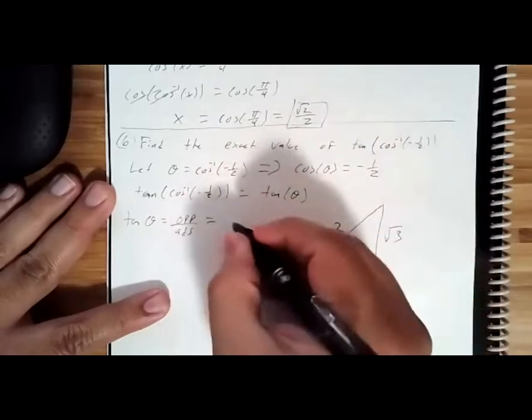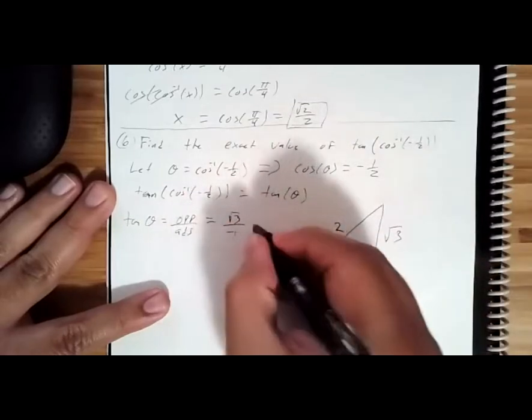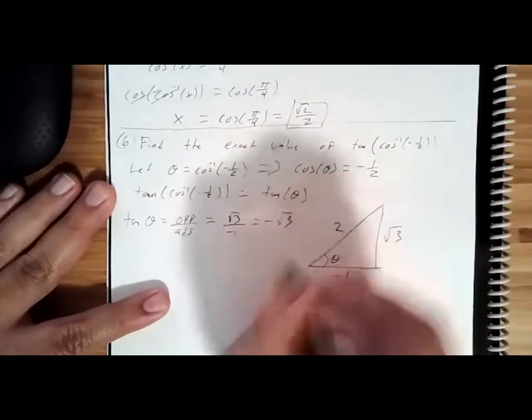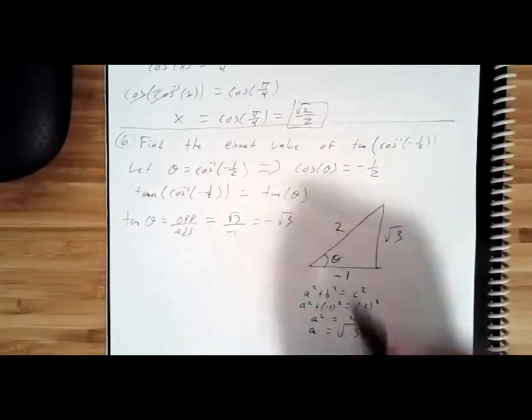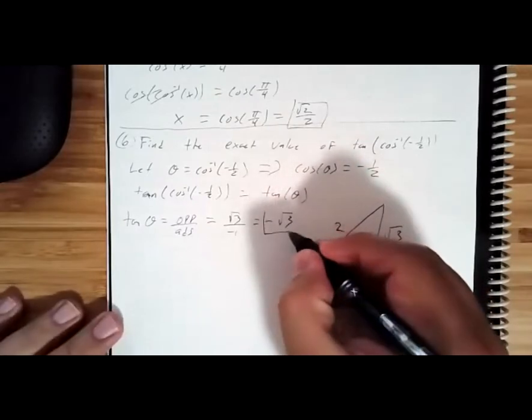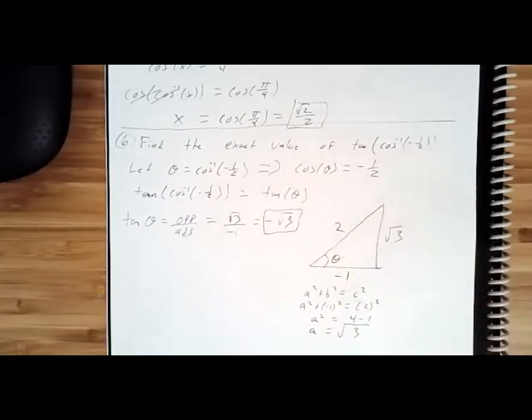Which is square root 3 over -1, which is negative root 3. Okay, thank you. I was just a little bit lost right there. Does that make sense? Any other questions on number 6?